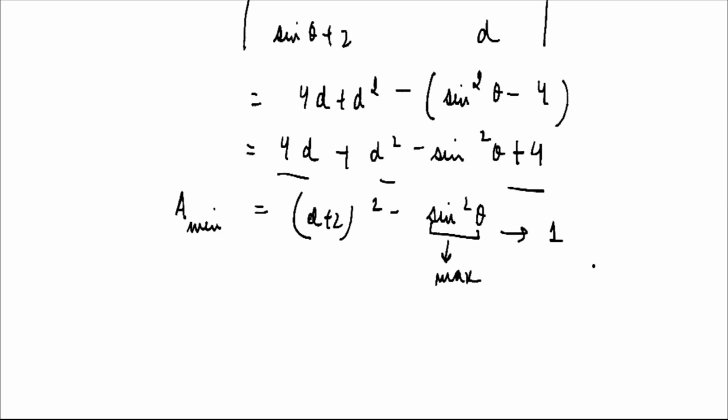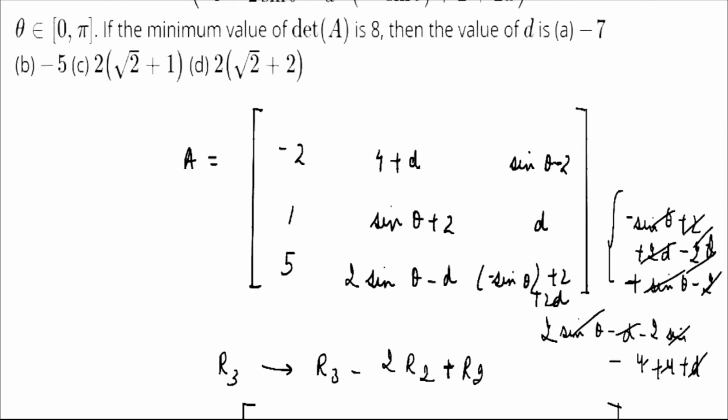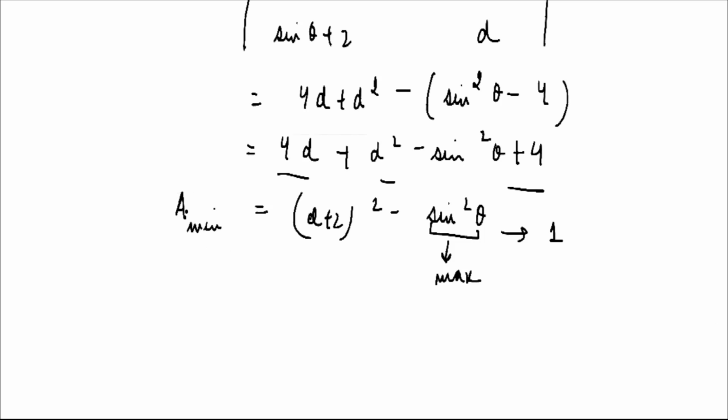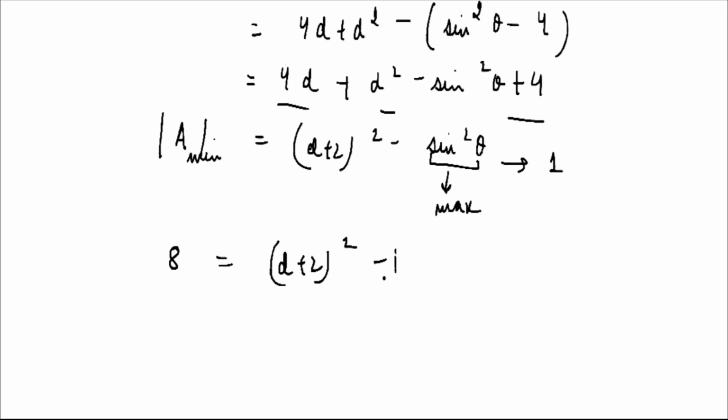So if this is 1, applying that, then A minimum, that is determinant of A minimum, that is given as 8. So I'm applying 8 is equal to d plus 2 square minus 1, maximum value of sine square theta being 1. So now what I get? 9 is equal to d plus 2 whole square.